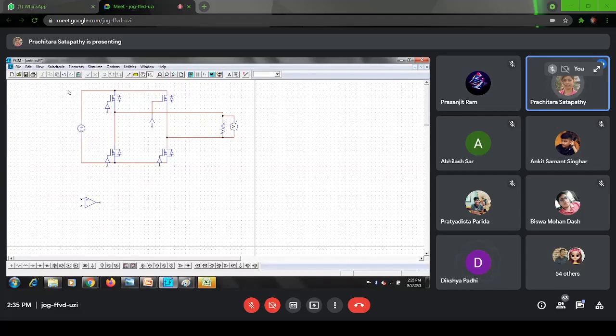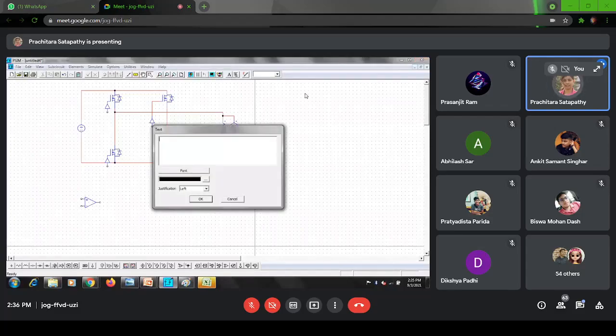First we are designing the bipolar PWM scheme.